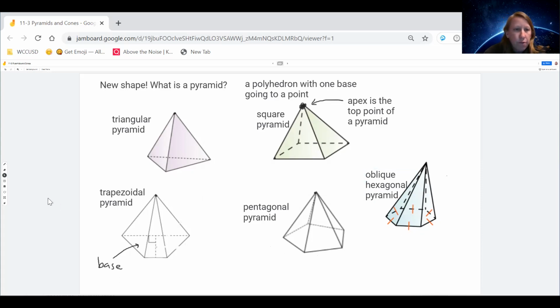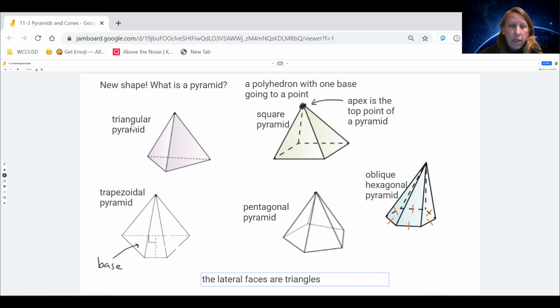What are the other faces? What shape are these? Are these lateral faces? The lateral faces, that means the ones that aren't the base, are triangles. In all the pyramids, it's made up of a bunch of triangles with a different shaped base. Unless it's a triangular pyramid, then they're all triangles.